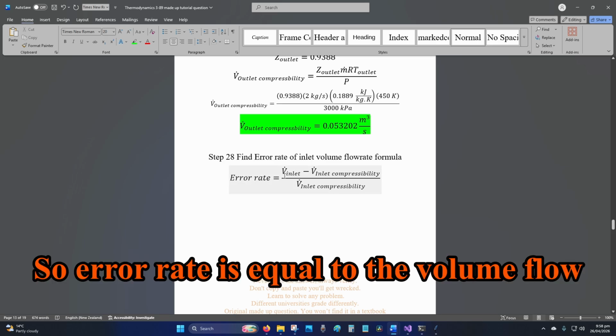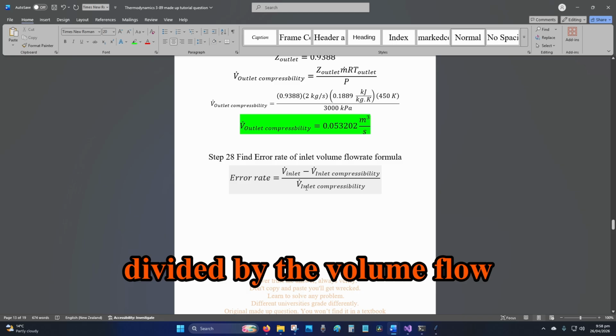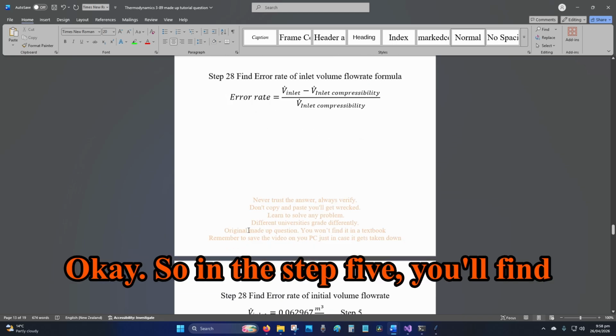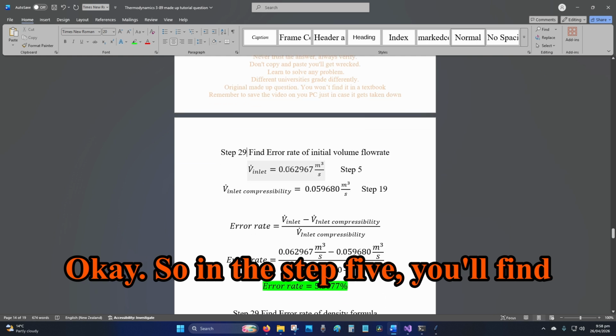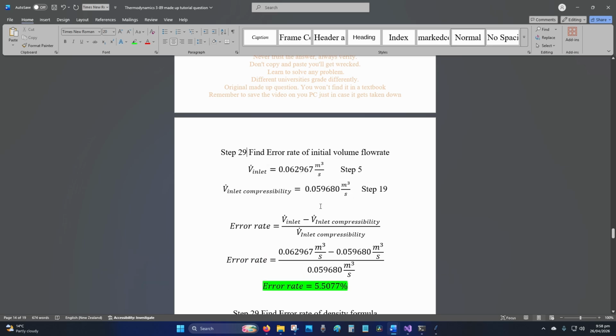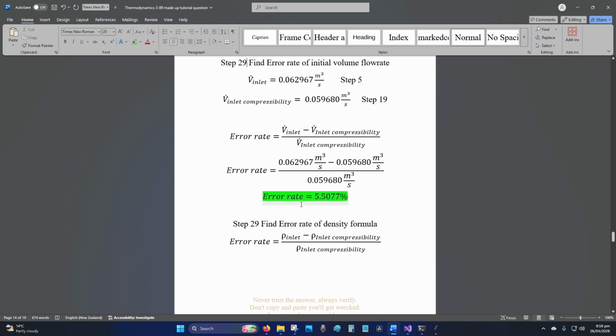So error rate is equal to the volume flow rate inlet minus the volume flow rate inlet compressibility divided by the volume flow rate inlet compressibility. Okay, so in step 5, you'll find this value. Step 19, you'll find this value. When you plug it in, you get 5.5077%.